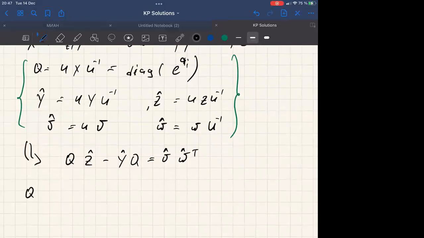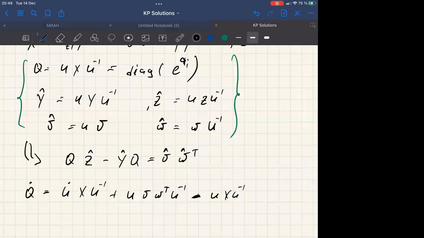Now, Q dot equals U times x U inverse plus U V W transpose U inverse, minus U x minus 1 U dot minus 1.